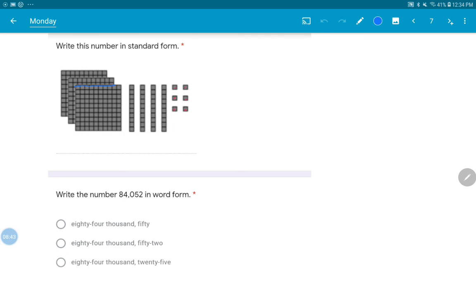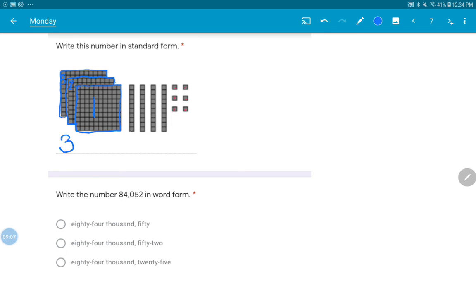Here's 100. That's 100. Here's another 100. And here's another 100. So how many hundreds do we have? 3. There's 1, 2, 3. So we have 300.